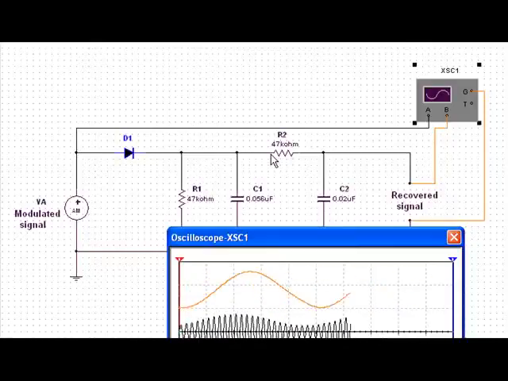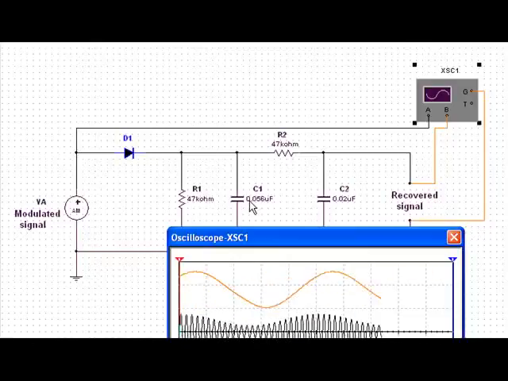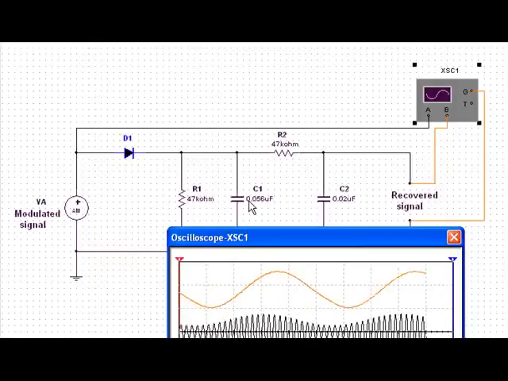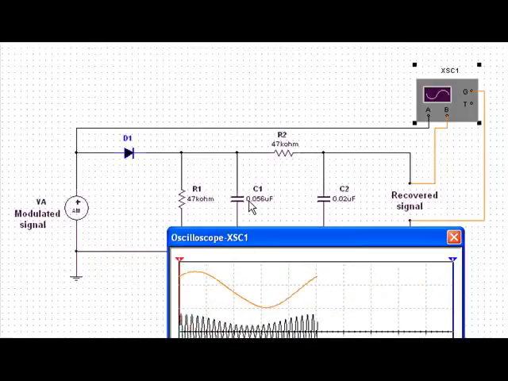Then we would go over here, and C1 and C2 are going to act as filters. And remember that when we looked at rectifiers with DC power supplies, we had capacitors in there that smoothed out the AC.